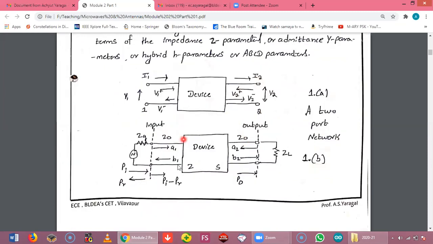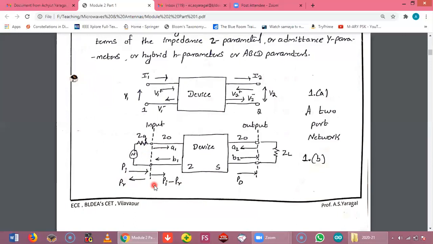In the second figure, you can see a slightly more simplified or enhanced version. At the input side, there is a generator with a certain resistance, the generator resistance. We have P1 as the power input and PR as the power reflected, and PI minus PR is considered the power transmitted.